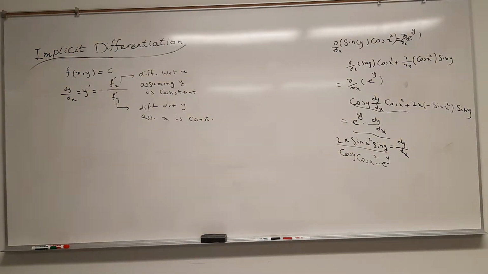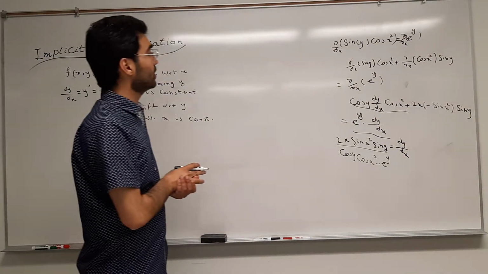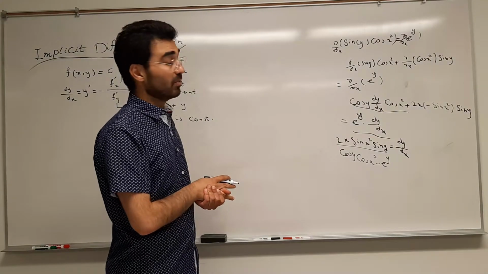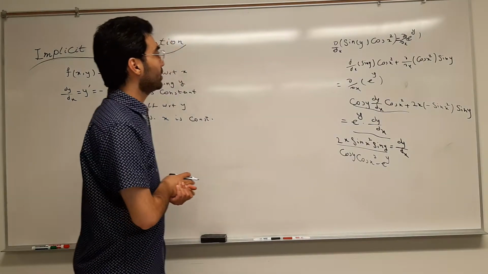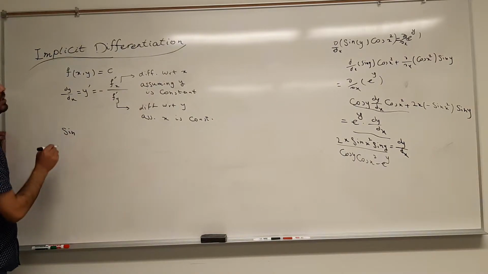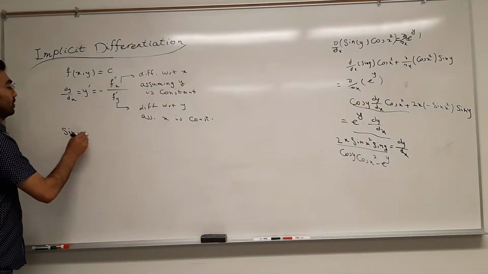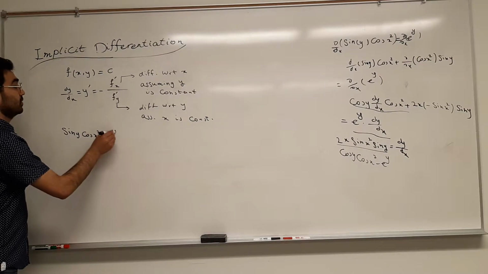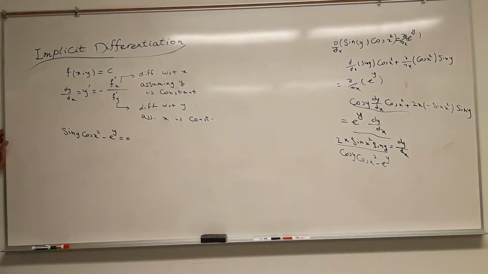So let's work on that example and see if we get the same answer, which we must, and just compare the two. So first thing is bring everything to one side, and we get sine y cos x squared minus e to the y equals 0. So we get first f prime sub x, differentiate with respect to x, y is constant.